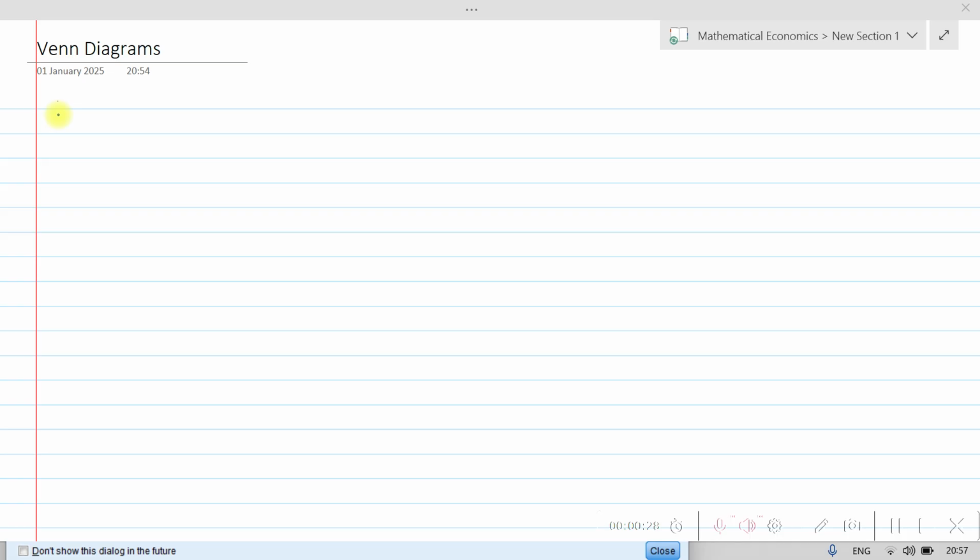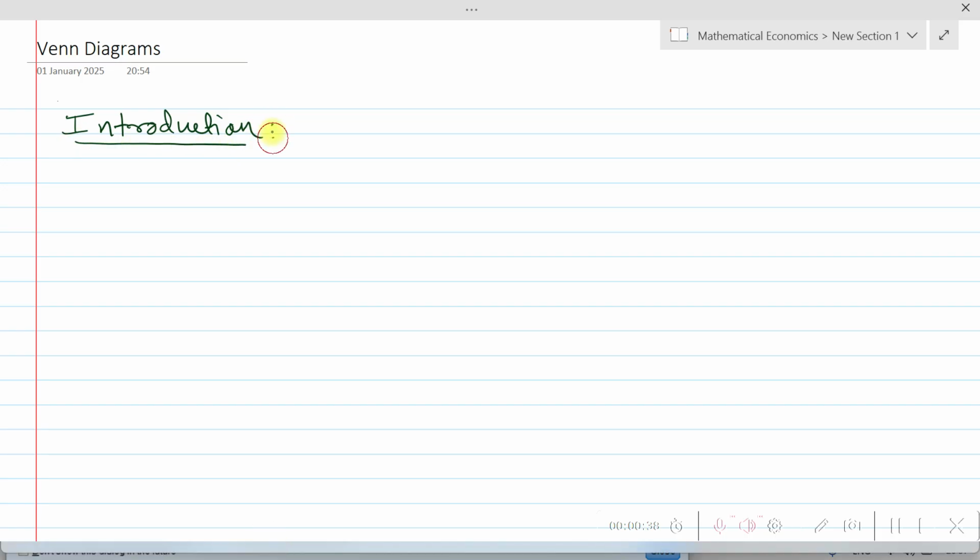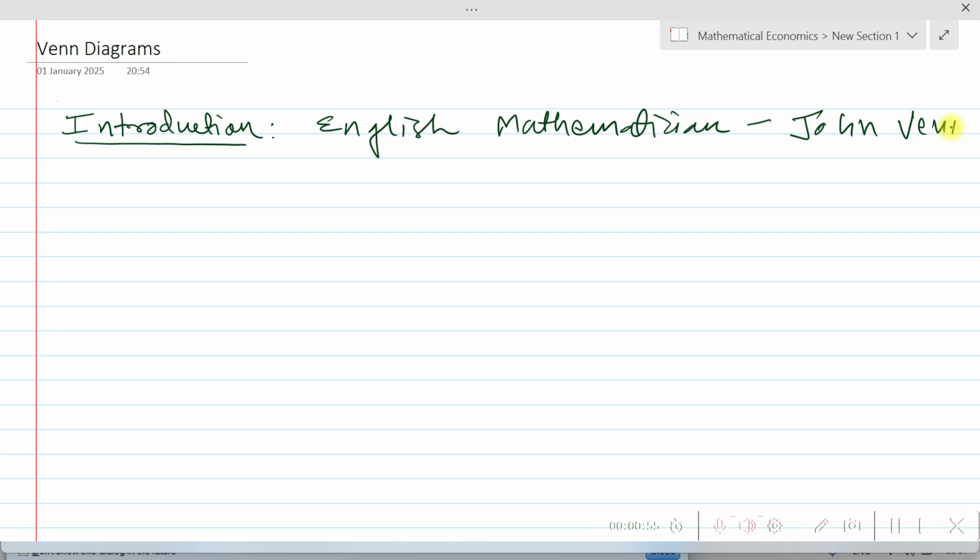So let's begin with the introduction. English mathematician John Venn started to represent sets through diagrams.